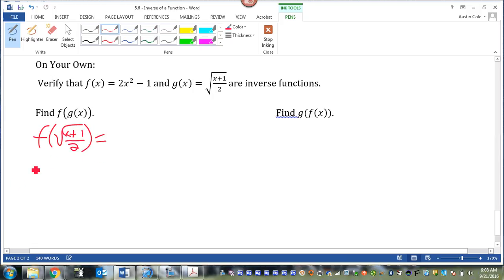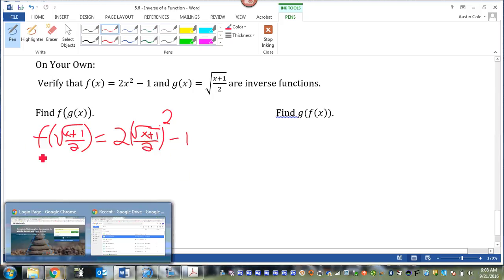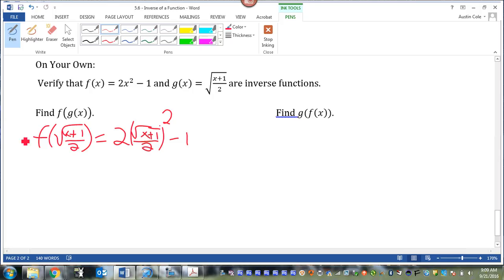So that equals f, we've got 2 times the square root of x plus 1 over 2, squared, minus 1. So what goes on with, I'm sorry, that was my bad. Okay.